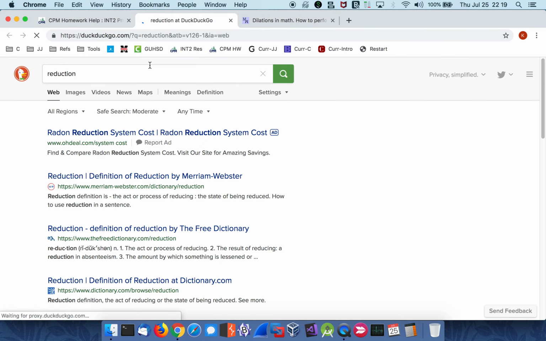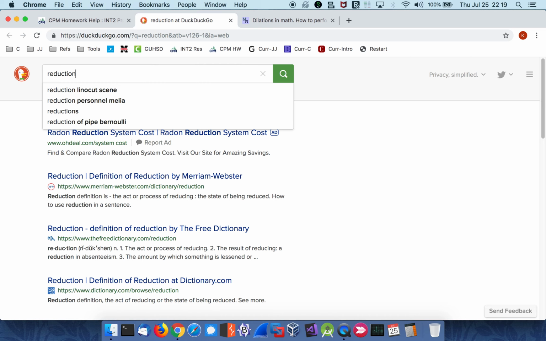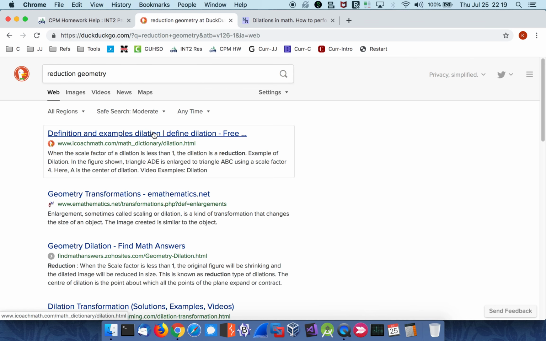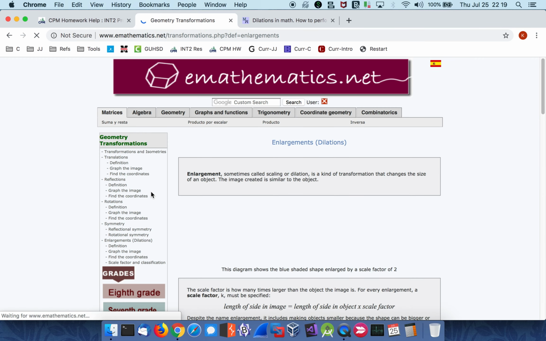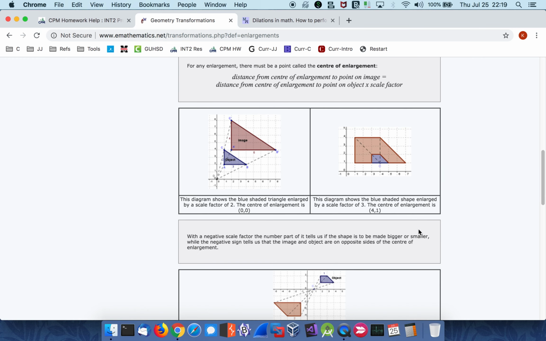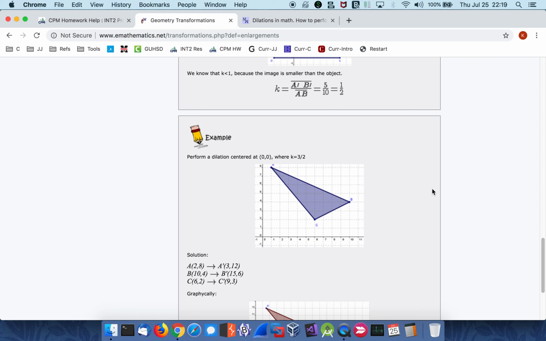Isn't reduction the same thing? Let's see, reduction, geometry. What the heck is reduction if dilation is a geometry transformation? Enlargement, sometimes called scaling or dilation. So where's reduction? Isn't reduction the same thing?